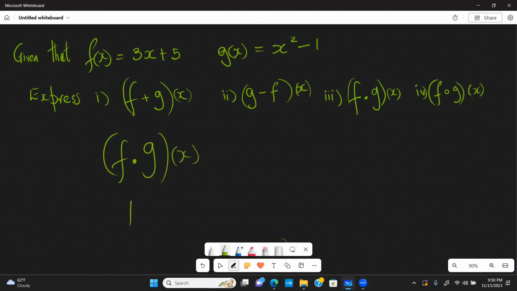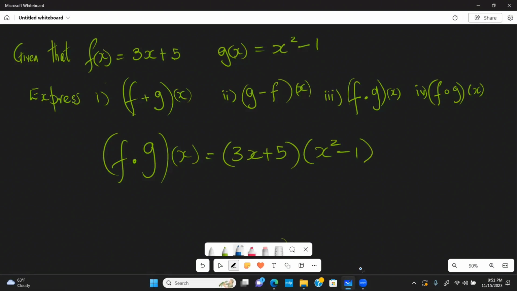Whenever you see this closed circle or shaded dot, as you want to call it, it means that we're going to multiply, right? So it simply means that I'm going to have the f function, which is 3x plus 5, and I'm going to multiply this by x squared minus 1.